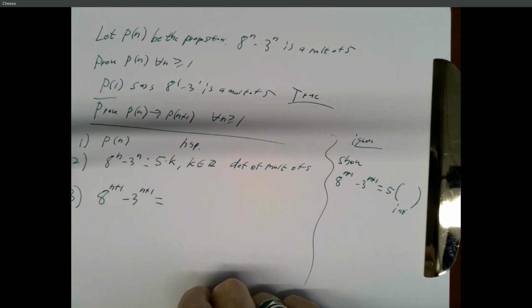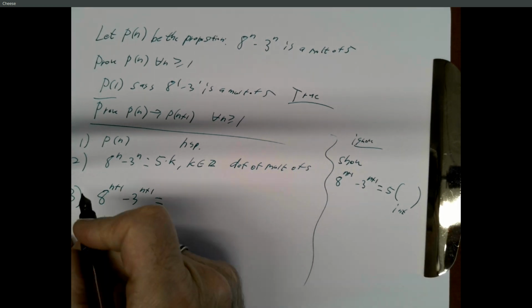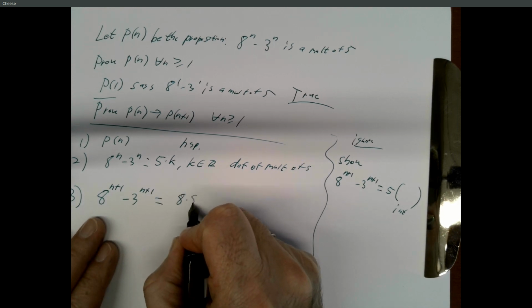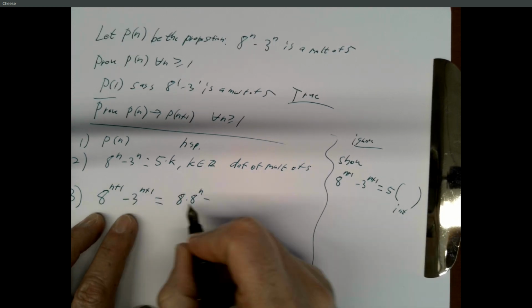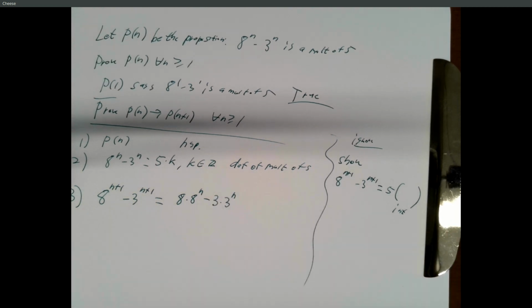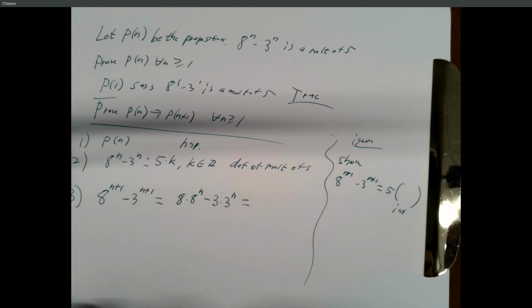Is there some way to get back to an 8 to the n or a 3 to the n? Yeah, so we can use a little trick here. 8 to the n plus 1 is 8 times 8 to the n. 3 to the n plus 1 is 3 times 3 to the n. So this is absolutely true. This is just algebra, exponents, right? And now we want to somehow change that into something else.